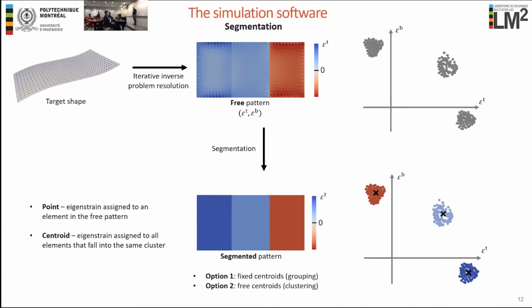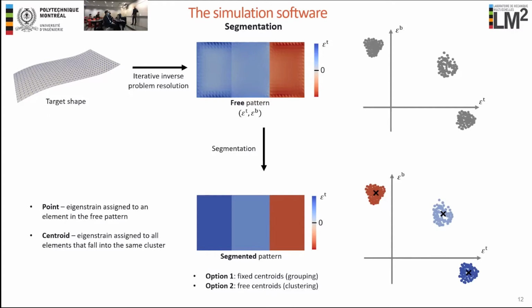Then when the centroids are defined, we assign each element in the peening pattern the eigenstrain corresponding to the centroid of its cluster. So we kind of homogenize the eigenstrain inside each cluster. In this way, as we see here at the bottom, the pattern becomes very nice and uniform. It is composed of strictly divided segments, which finally can be reproduced in practice.